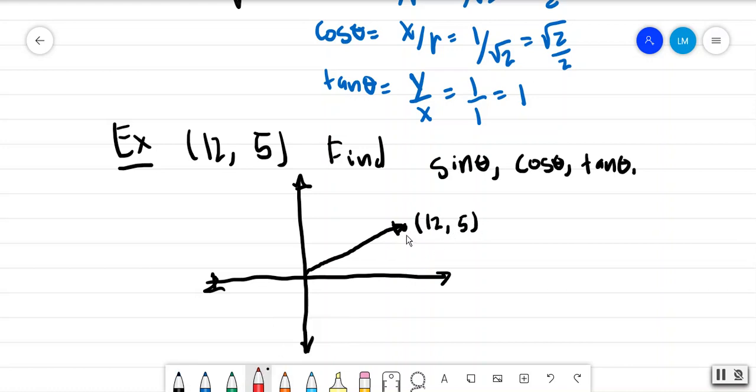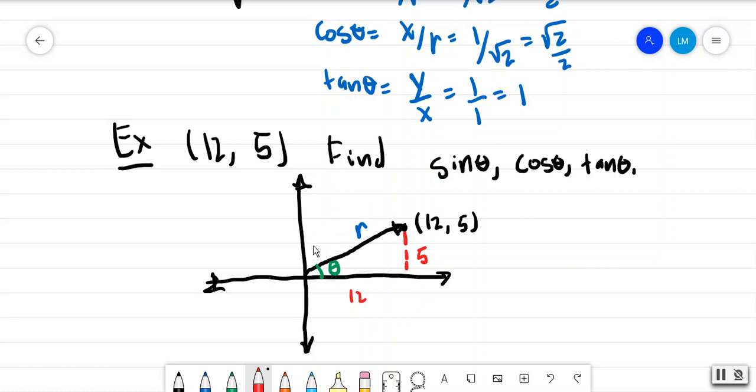Okay, well, we can drop the altitude, so that way we form a right triangle. We know that this angle measure right here is going to be theta. And then we know that this right here is going to be r. In this sense, that means that we have everything that we need. We have 12, we have 5.